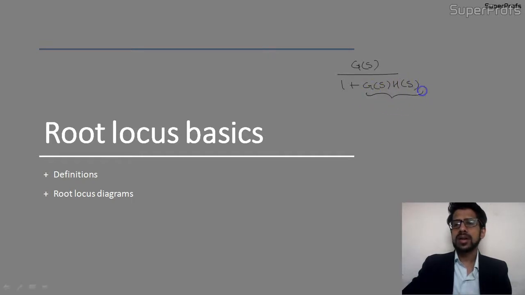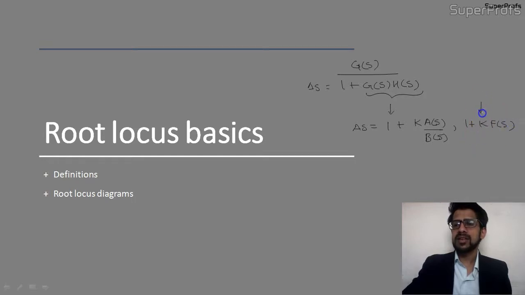Now, this G of s H of s is generally represented as a particular transfer function or in a particular fraction. So, if I'm looking at the characteristic equation for a closed loop system, it will look as 1 plus K into A of s upon B of s, or rather we can write it as 1 plus K into F of s.